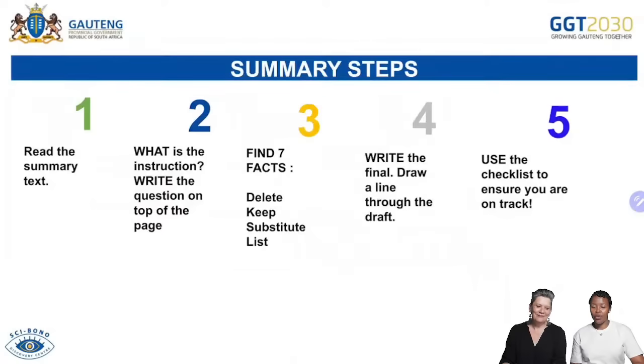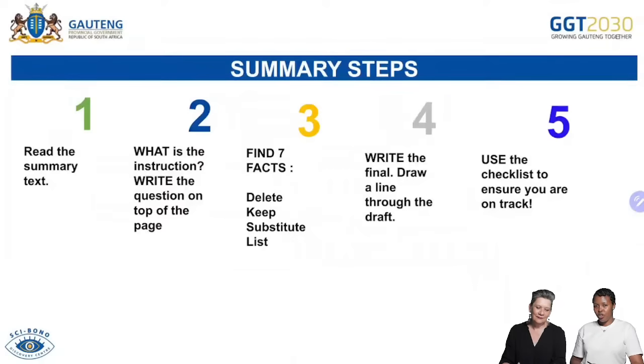Step number 4, you write the final draft. Grade 12s, you are reminded, you are not expected to draw a table on your answer sheet. That is not for you to do. What is important for you to do is to write your facts from fact 1 up to fact number 7.